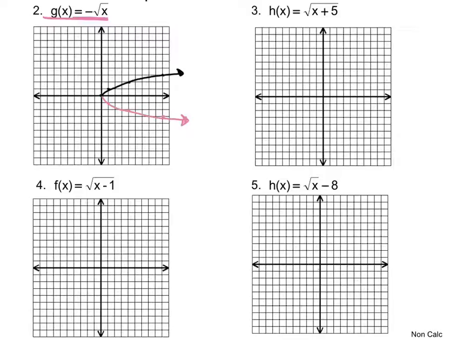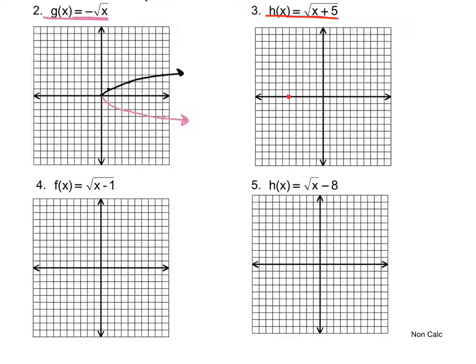Now when we graph the square root of x plus 5, and I'm going to graph that one in red, notice again where your original function is. This x plus 5 takes that original function and moves it to the left 5 units. So instead of starting at (0, 0), now you start over here at -5.